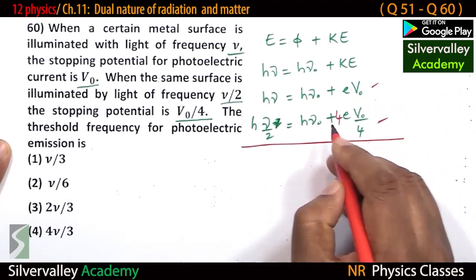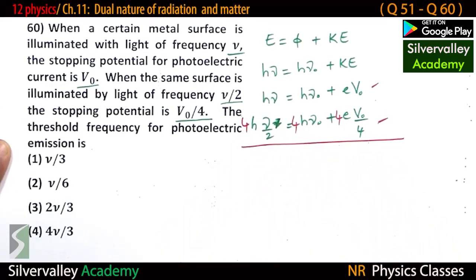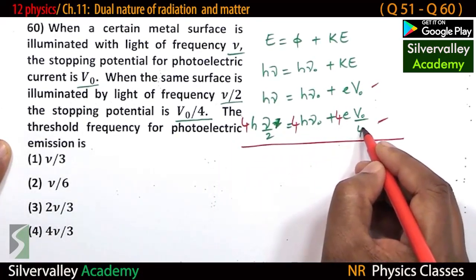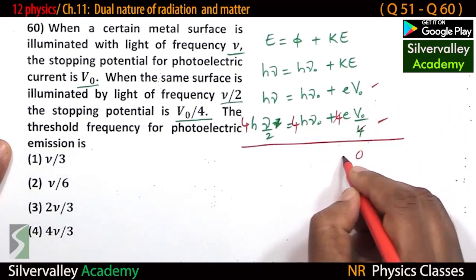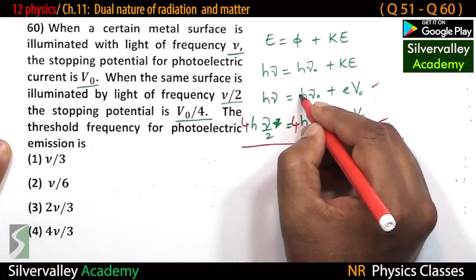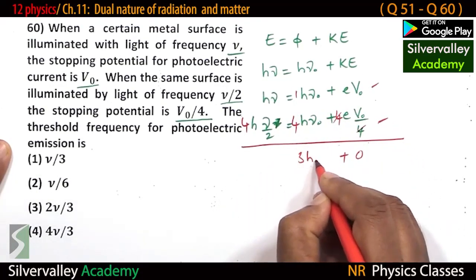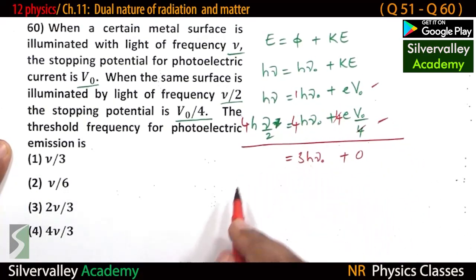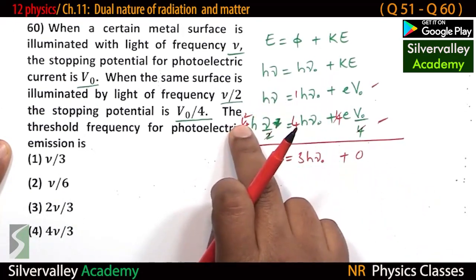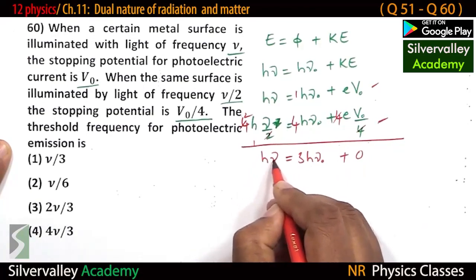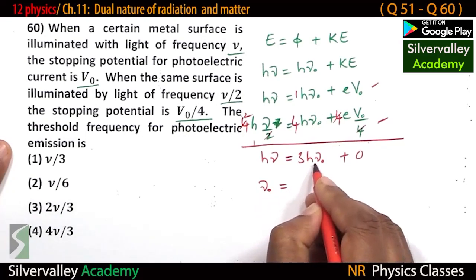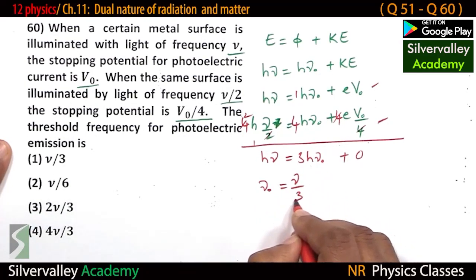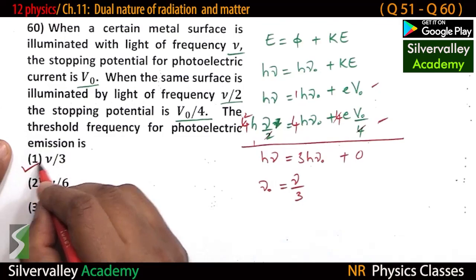So let me multiply by 4. 4 by 4 is 1. This minus this is 0. 4 times 1 minus 1 times 3 h nu naught. 2 minus 1, this is 2. This minus this, 2 times 1 minus 1 times, so h nu. Therefore threshold frequency equals nu by 3.